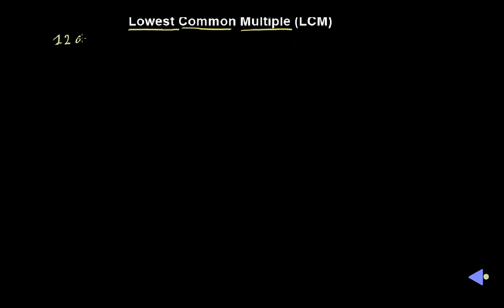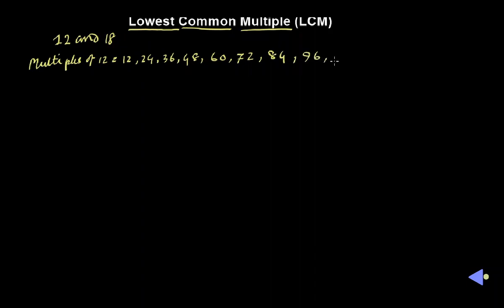Let us take one example of two numbers, 12 and 18. We first have to find the multiples of those numbers. Multiples of 12 are 12, 24, 36, 48, 60, 72, 84, 96, 108, and it goes on and on, up to infinity.